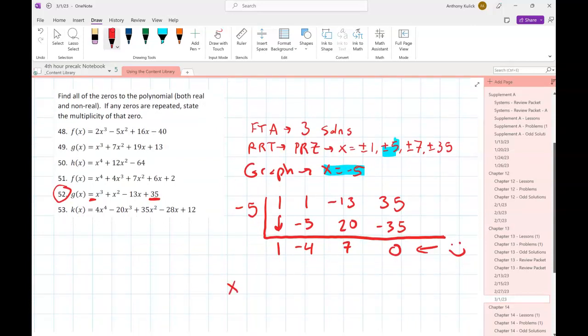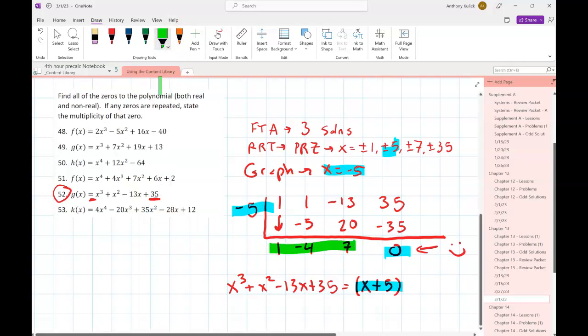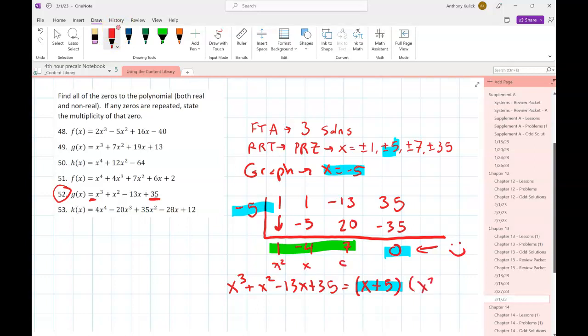So what this tells me is that this polynomial factors to x plus 5, because that gave me a remainder 0, times x squared minus 4x plus 7.